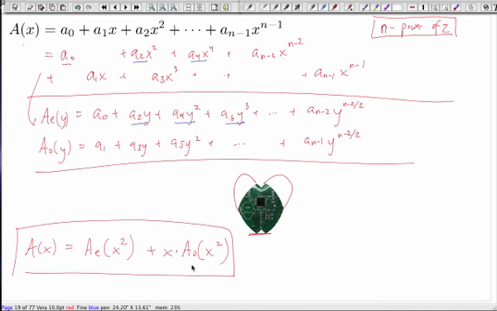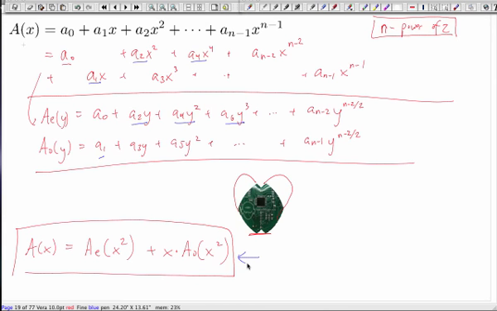And similarly, when we evaluate A odd of x squared and then multiply that by x, we're going to get a1x, which is this term, then a3x squared times x, which is a3x cubed, then a5 times x squared squared, which is x to the 4th, times x, which will be a5 times x to the 5th, etc., etc. So is this way of writing A of x clear to everybody?